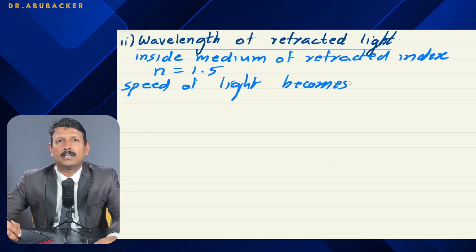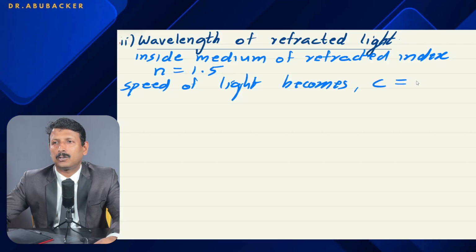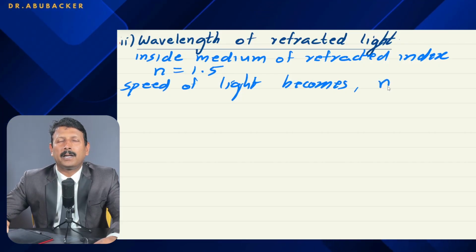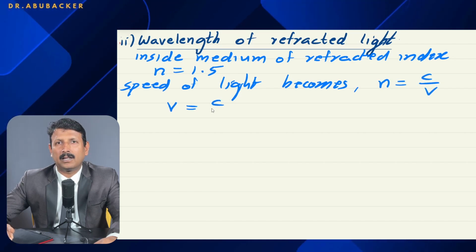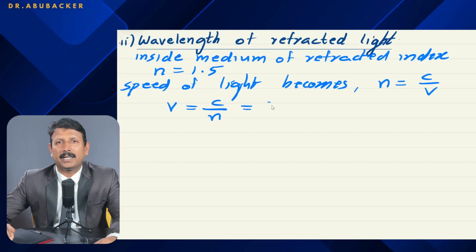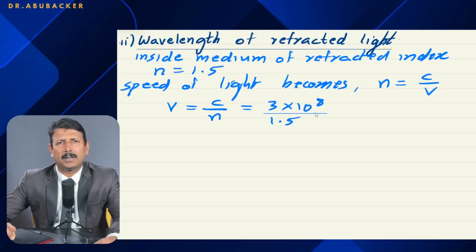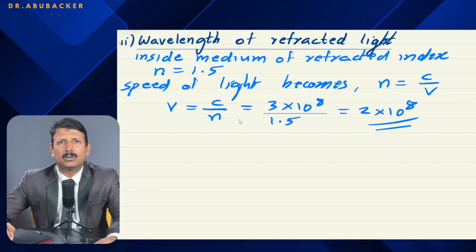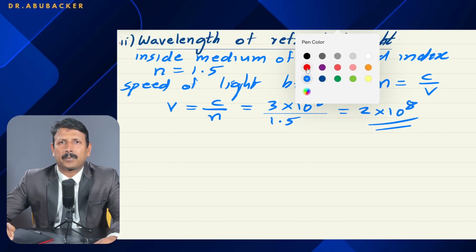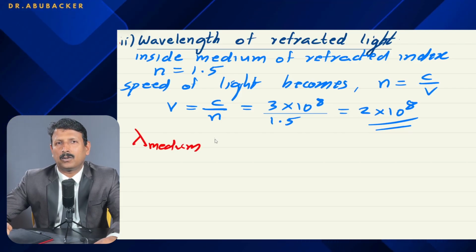Does it increase or decrease? Definitely it decreases, because light is fastest in the air medium compared to the surrounding medium. So n is equal to c divided by v, the first expression you studied in grade 10 for refractive index. So v is equal to c by n, which is 3 into 10 raised to 8 divided by 1.5. 3 by 1.5 is 2, so 2 into 10 raised to 8. Got it? Speed found now.